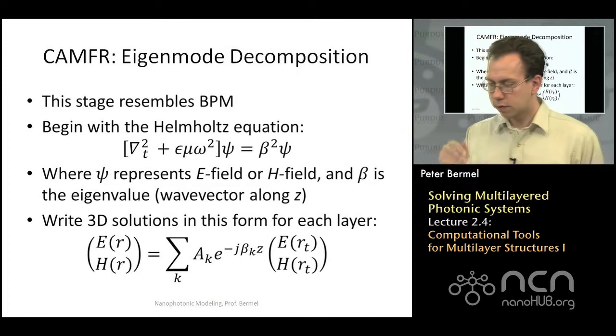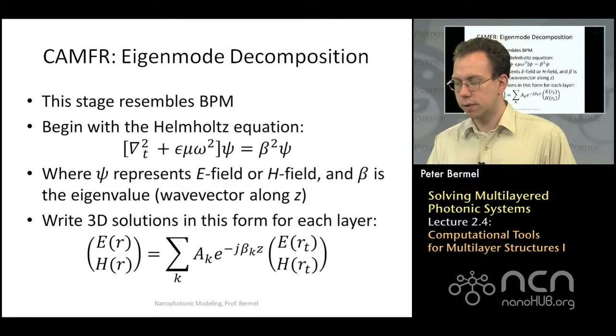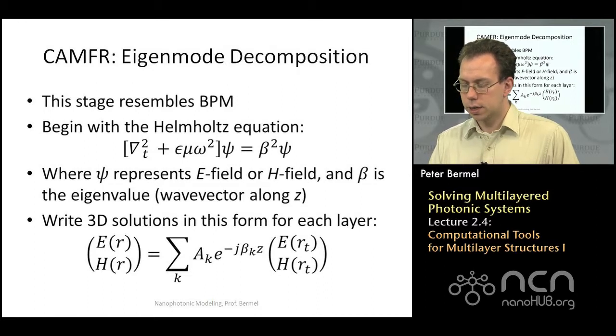But of course, it is very analogous to what we had before, like the q squared that we showed in the S-matrix problem. Now, we can write at this point 3D solutions for each layer in terms of these betas that we calculate, which we can call beta k for the kth layer.